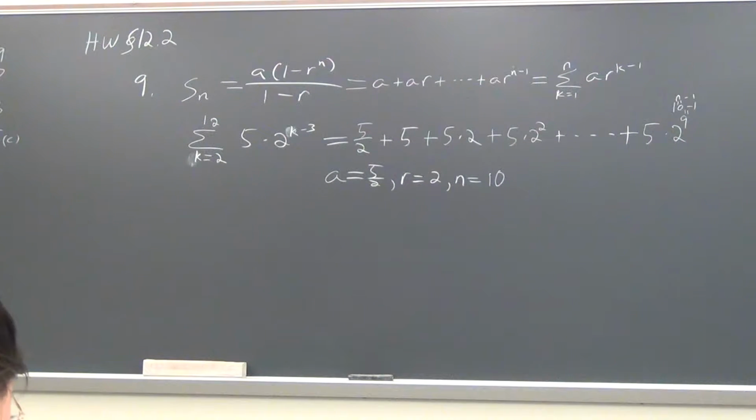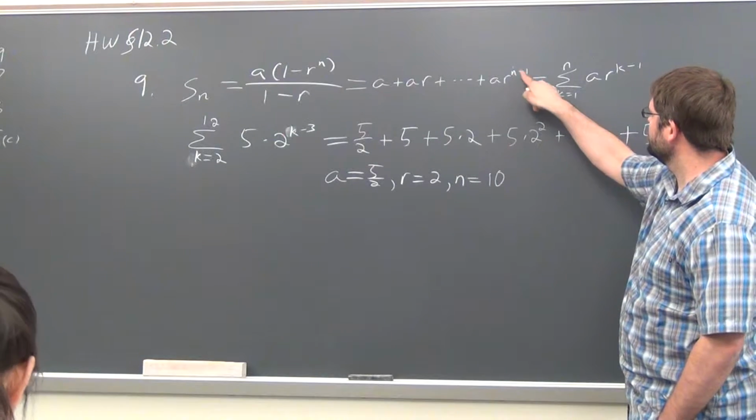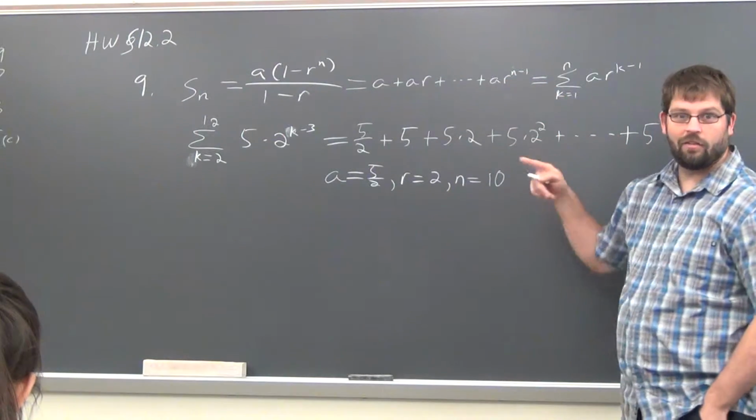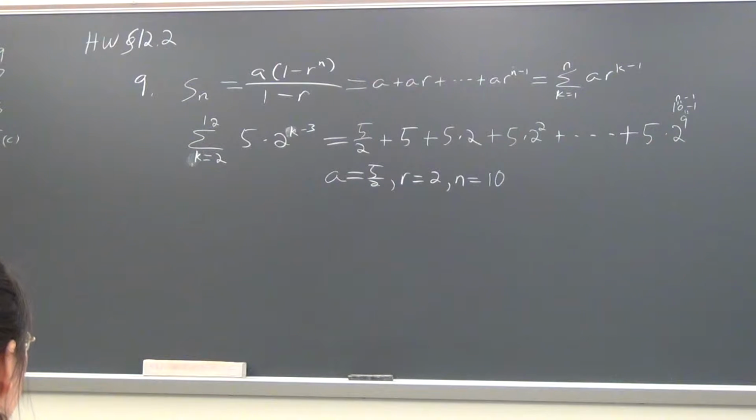Yeah, so that's the same one. So it's S sub n. It goes from 1 to n. Well, you add up till you get to n minus 1. So whatever your last term is, the n is just 1 bigger than that. So it should be 10. Is that okay?